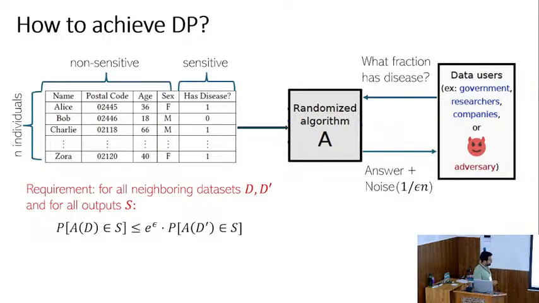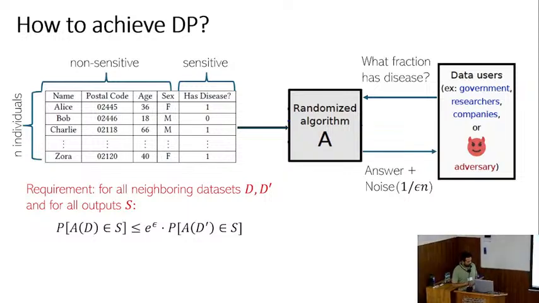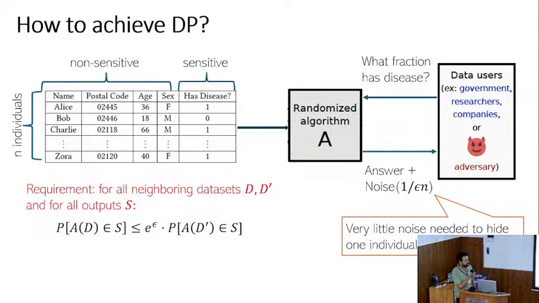The level of the noise will scale as 1 by epsilon times n. So you see that we need very little noise to hide the individual's information. There are n individuals, and if we add noise 1 by epsilon n, as n goes to infinity, that means the number of data points is very high, the amount of noise needed will be very low, and it will be sufficient for us to hide the individual's information.